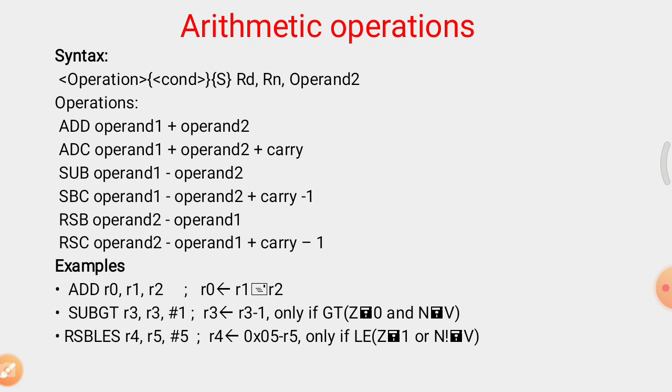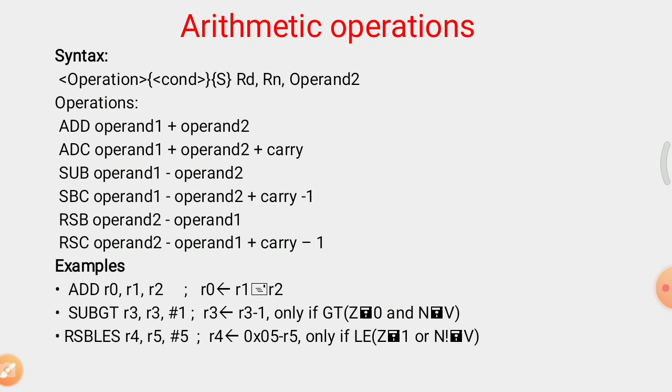Another instruction we have is ADC. So here again operand 1 plus operand 2 plus the carry. So here the operand 1, that is Rn, plus the operand 2, which may be an immediate value or any register. These two are added first and then the carry is also added with these two operands. So ADC is add with carry.